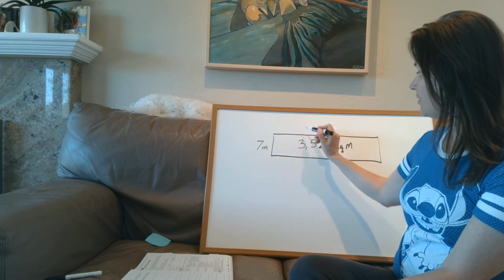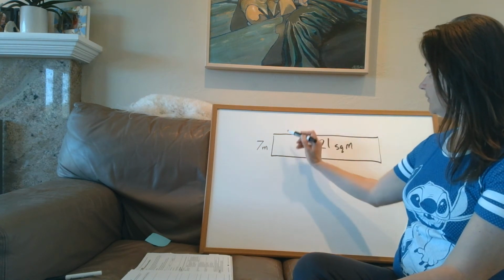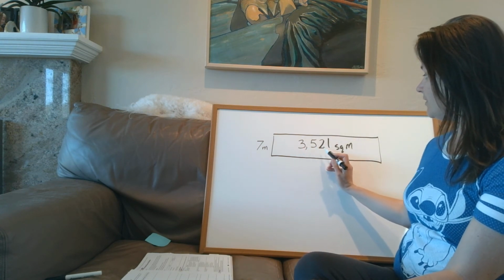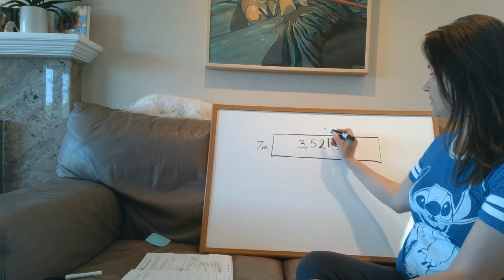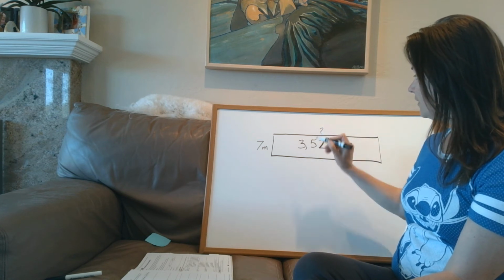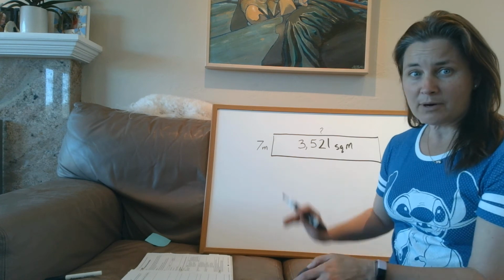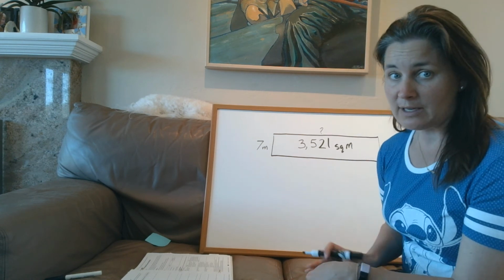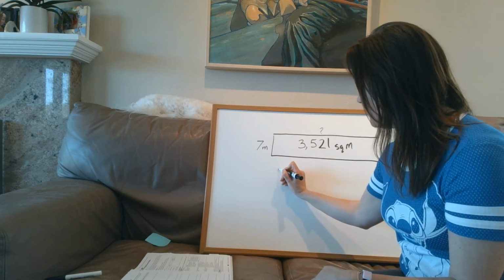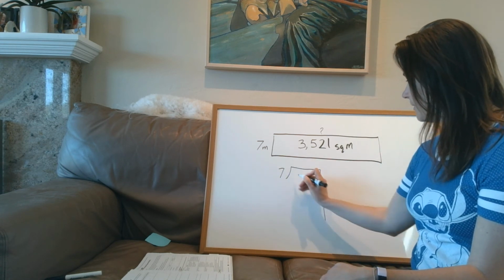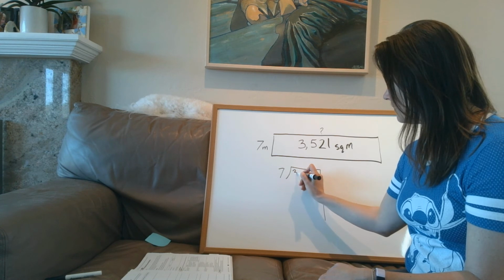The mystery unknown dimension here, and our area 3,521 square meters. So we want to solve for this dimension. If we use the partial quotient way that I was just showing you, you would put the 7 here, make our shape like that. It's like a big weird 7.